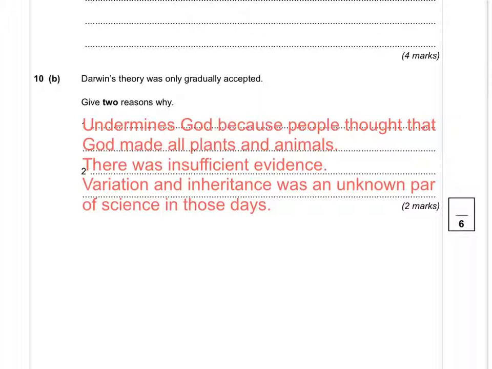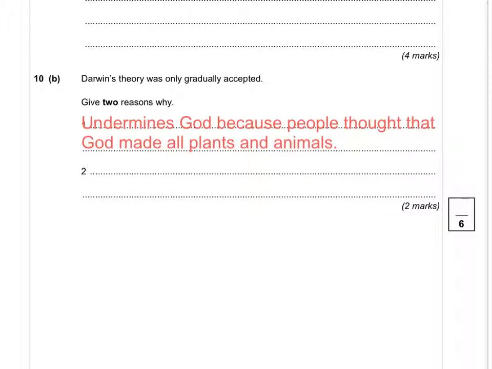It says that it undermines God, because people thought that God made all plants and animals. Okay, so that was one thing you could have said.